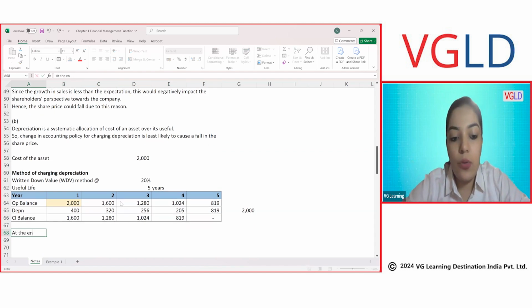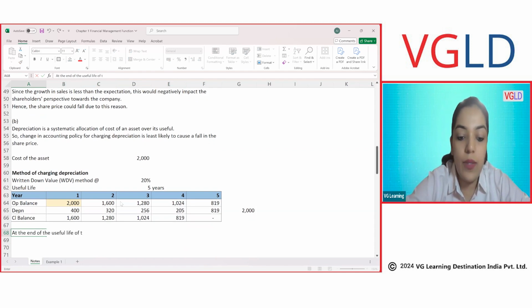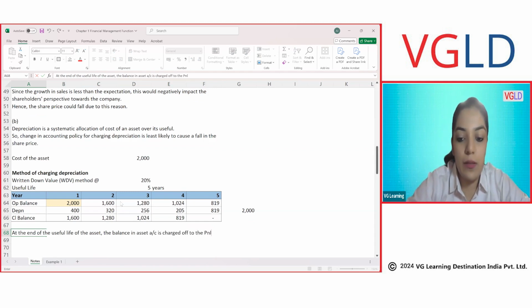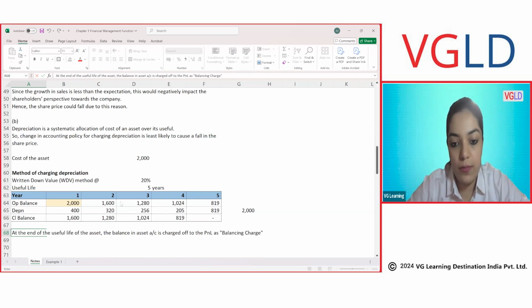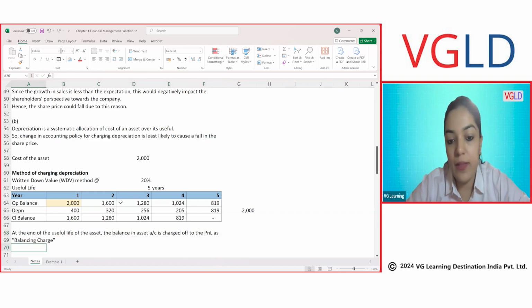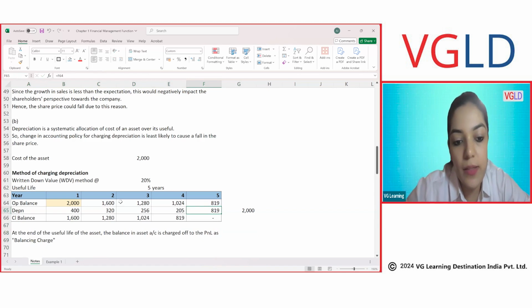At the end of the useful life of the asset, the balance in the asset account is charged off to the P&L as a balancing charge. Whatever is the balance, it gets charged off to the P&L. It's called balancing charge.